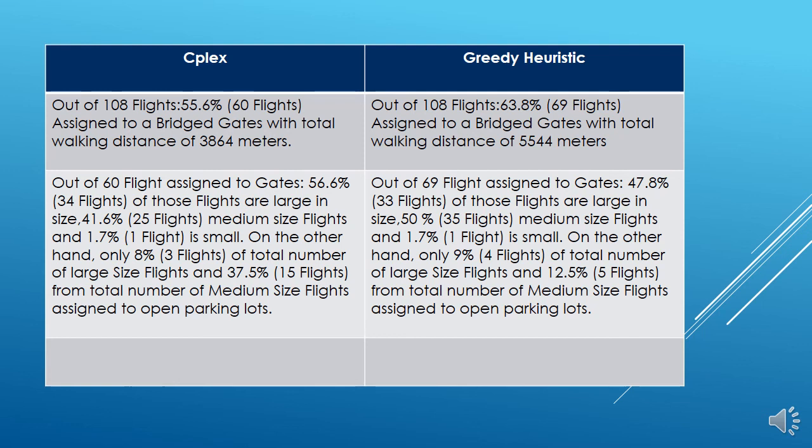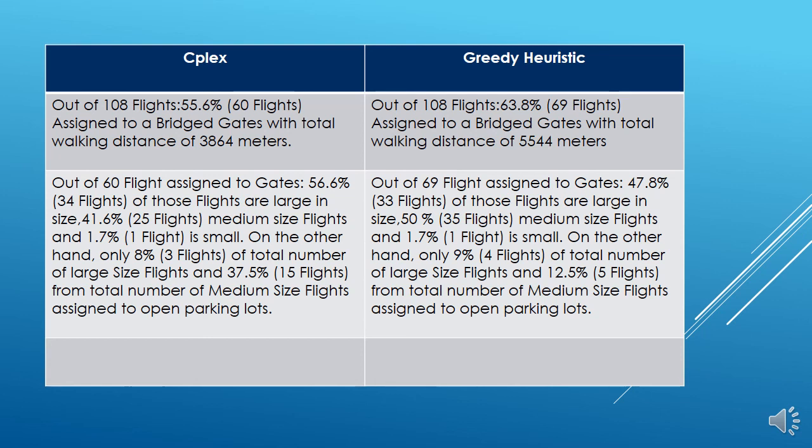While in the greedy heuristic we got 33 flights, which is 47.8%, assigned to bridge gates, which is not much different from CPLEX, and we found that 50% of the medium size flights were assigned to a bridge gate.